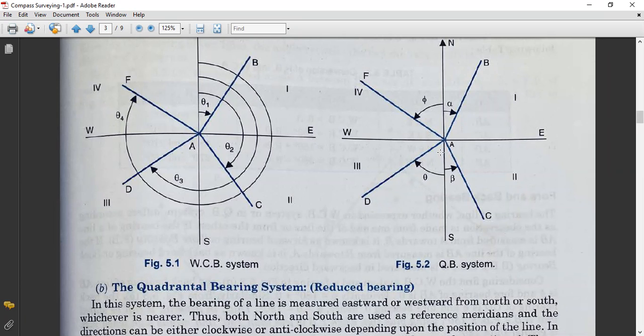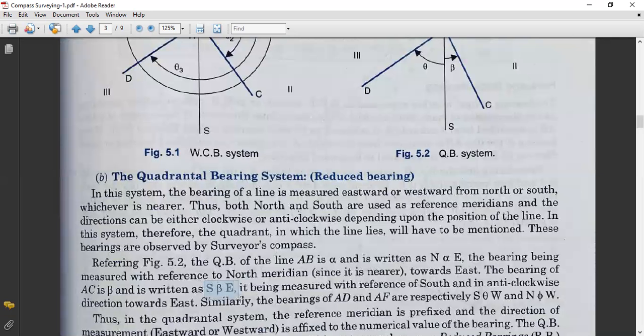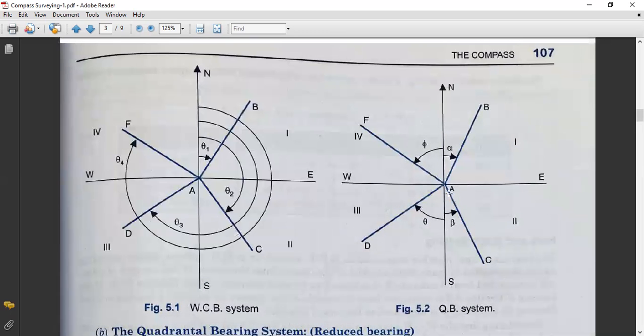For line AC, the bearing will be beta, but how do I express it here? South beta east. See here, south beta east I am highlighting, correct? For line AD it is south theta west. For line AF it is north phi west, correct?